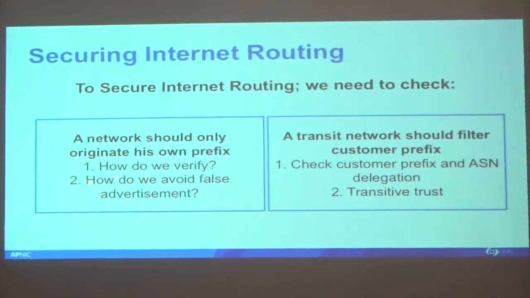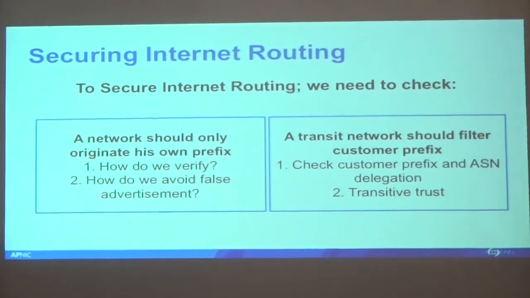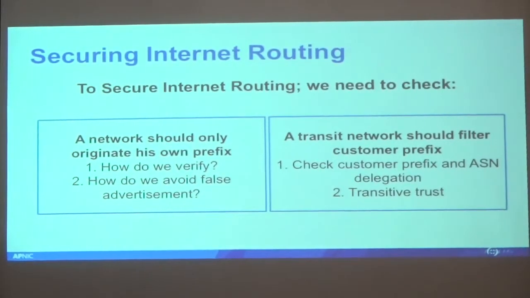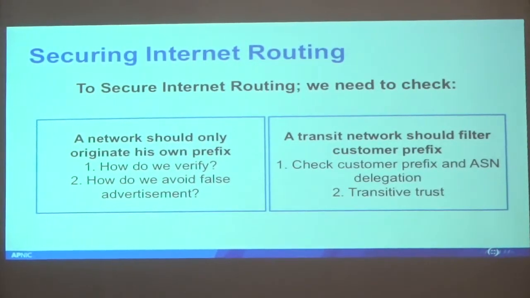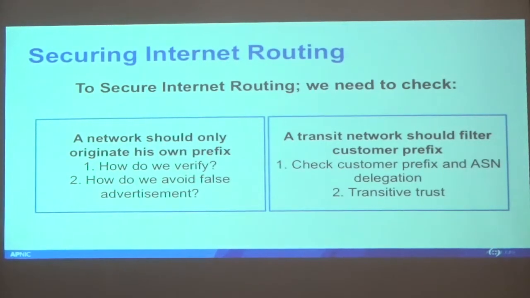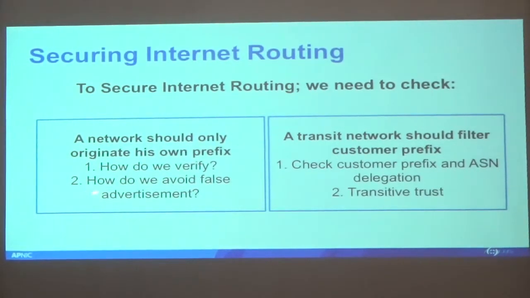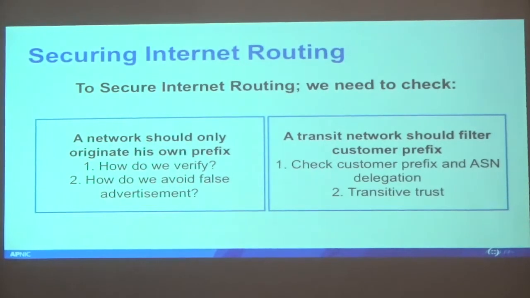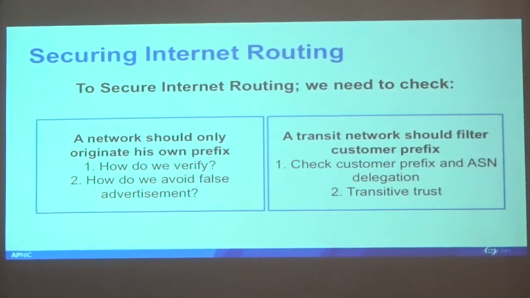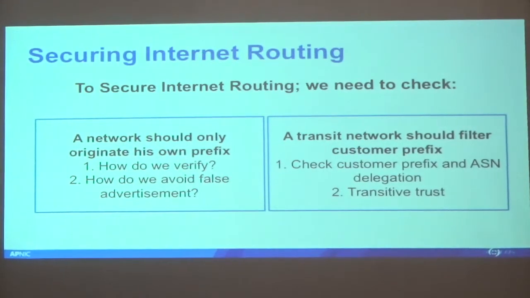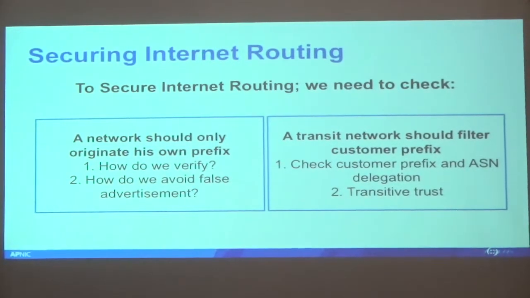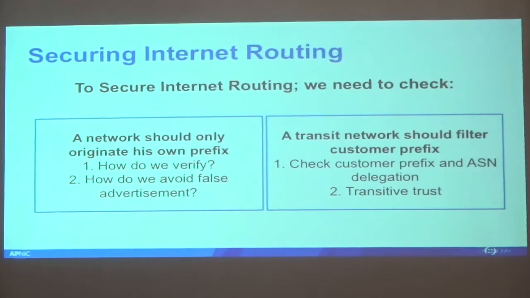But very big question there: how do you actually verify? How do we check? Is there a way to know this? How do we make sure that false advertisements do not happen? How do we avoid that from happening? There are checks that we can do, but we have to be vigilant in looking at that.